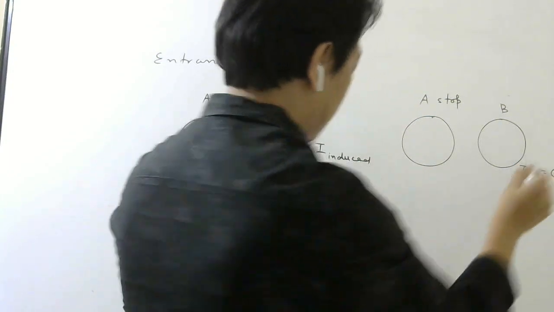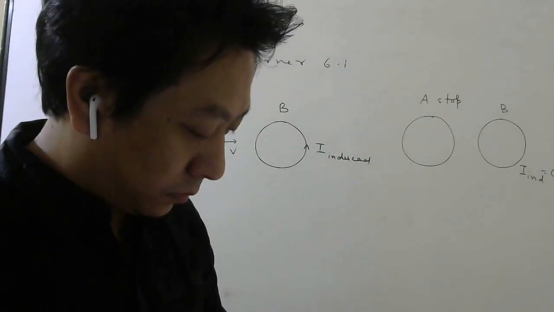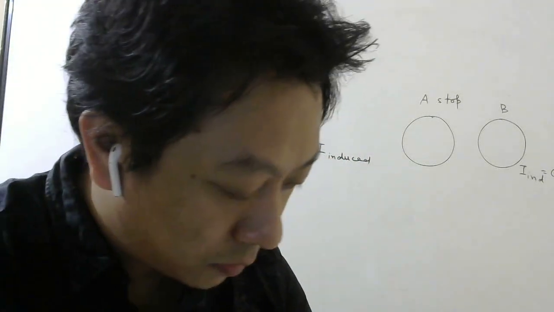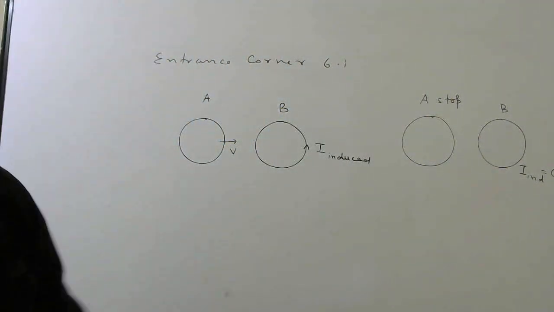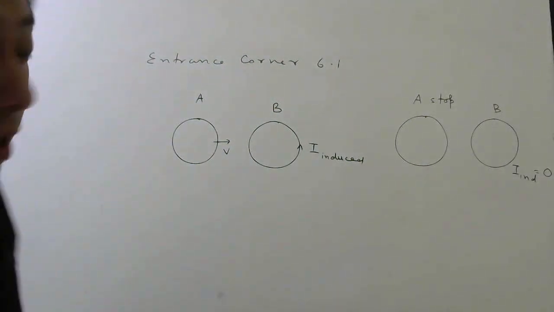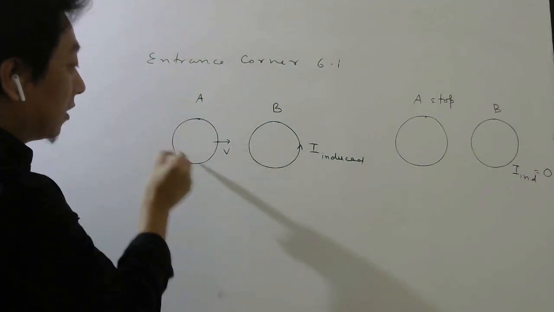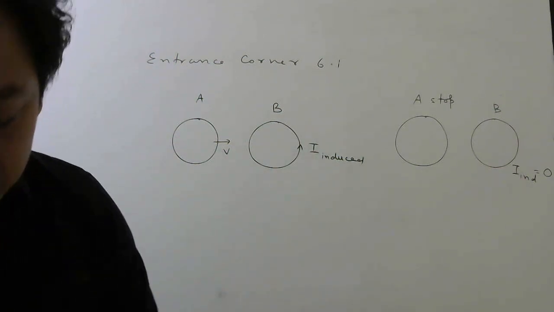Induced current is 0. So the current here stops when A stops moving. They are asking you to find in which way the current is flowing here. So they have given you the induced current.